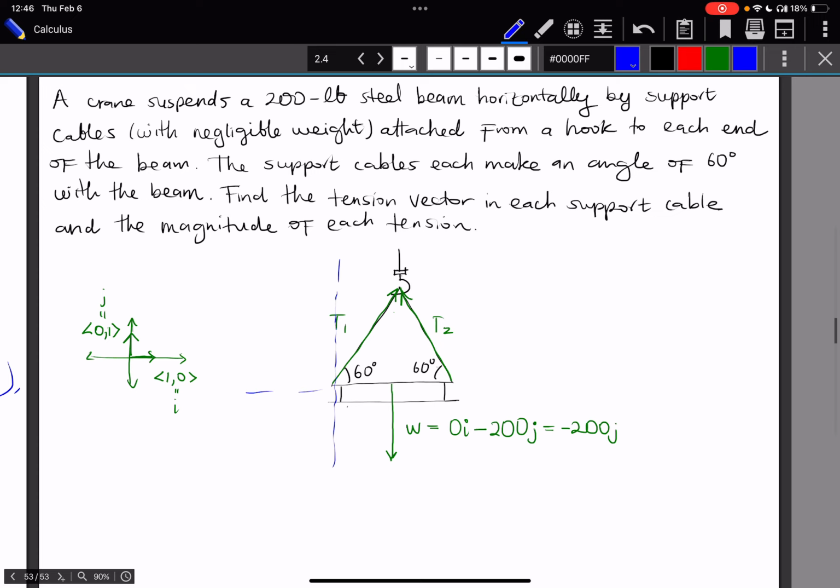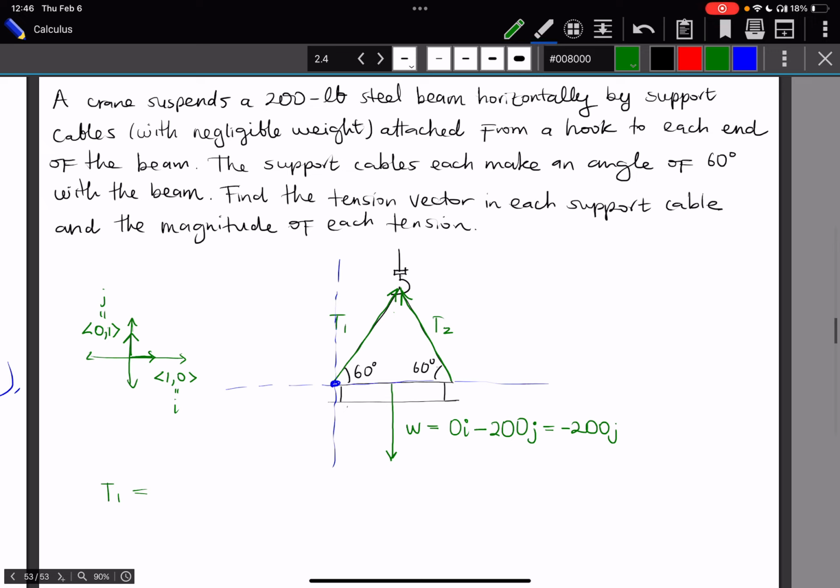is right here, so the origin of the plane coincides with this point, then we'll be able to say that T1 has a positive x coordinate and a positive y coordinate because T1 is in the first quadrant of this plane. And using polar coordinates, we can actually say that T1 can be seen as the following.